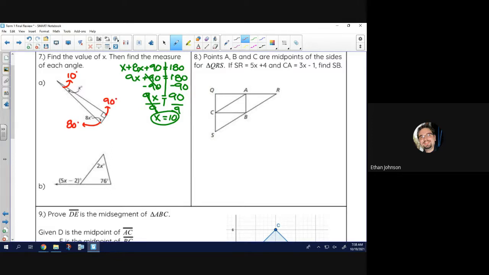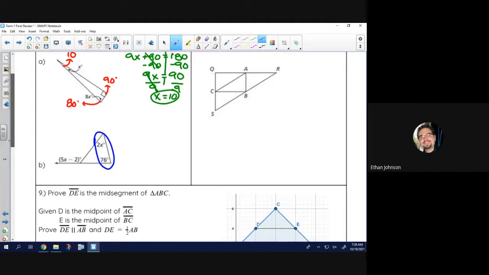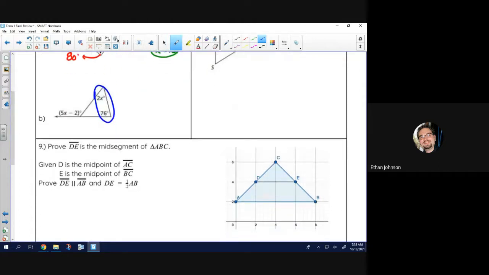B. This is our exterior angle theorem. I know the two far interior angles add to equal our exterior. So in this problem, I know 2x plus 76 equals 5x minus 2.